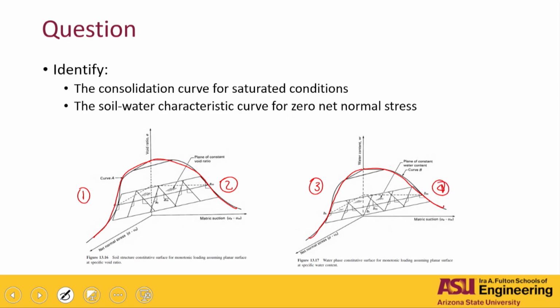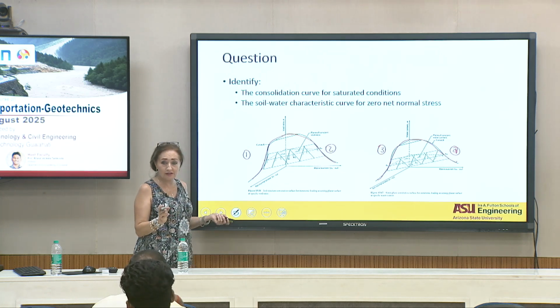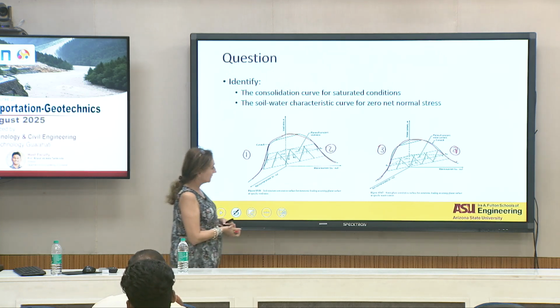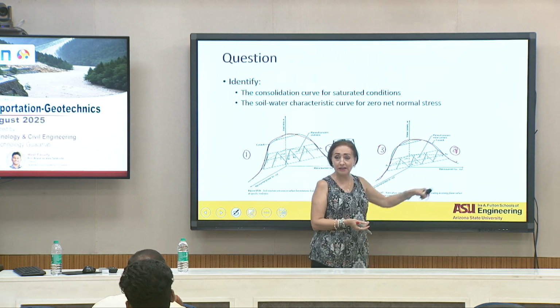Which one is the consolidation curve for saturated conditions? That's going to be 1, right? And what's going to be the soil-water characteristic curve for zero net normal stress? That's going to be 4, right?